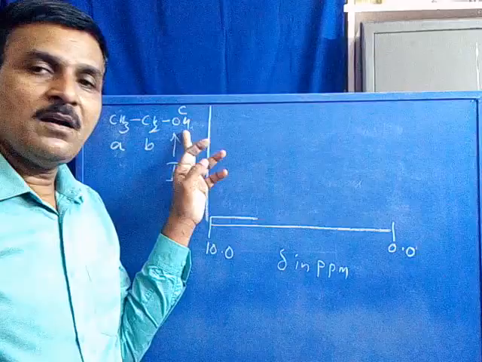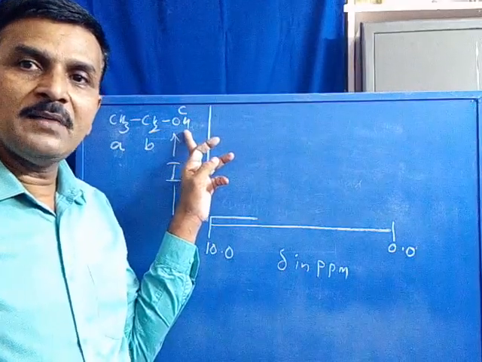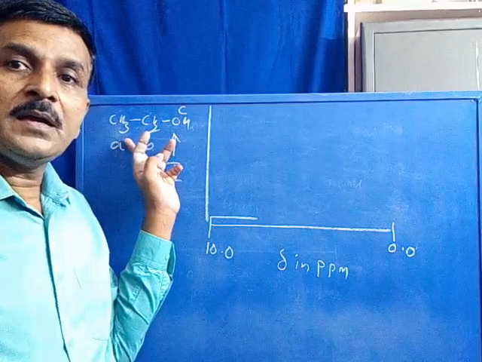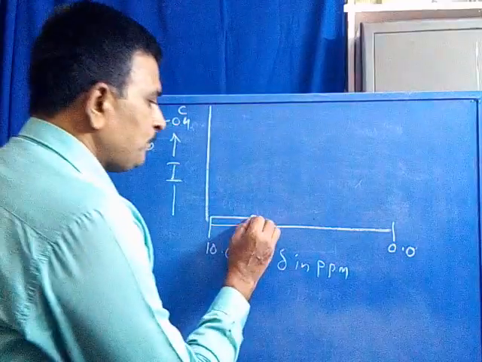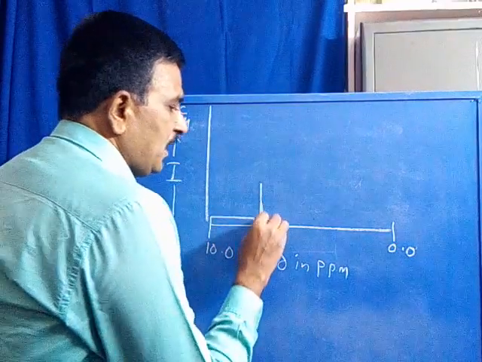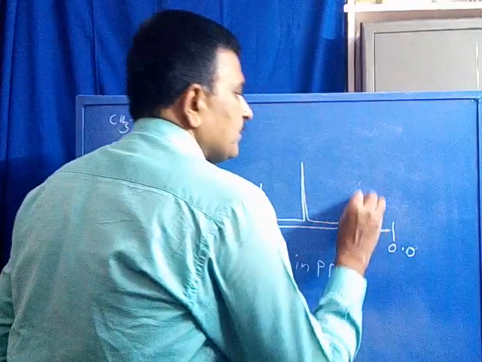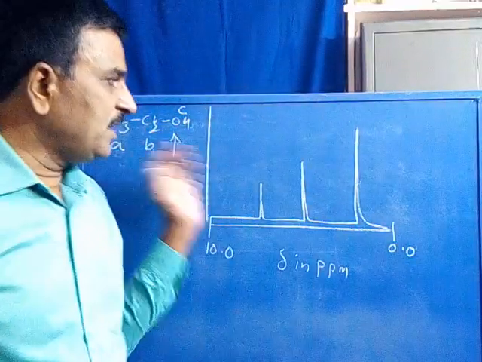Whereas the signal of a proton with more electron density appears at a lower delta value, that is a high frequency value. Say one signal here, second signal here, third signal here. Now there are 3 signals.